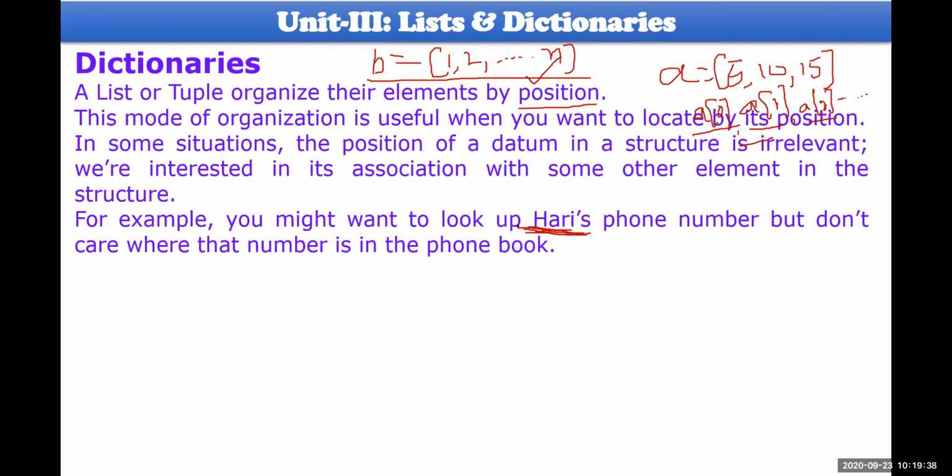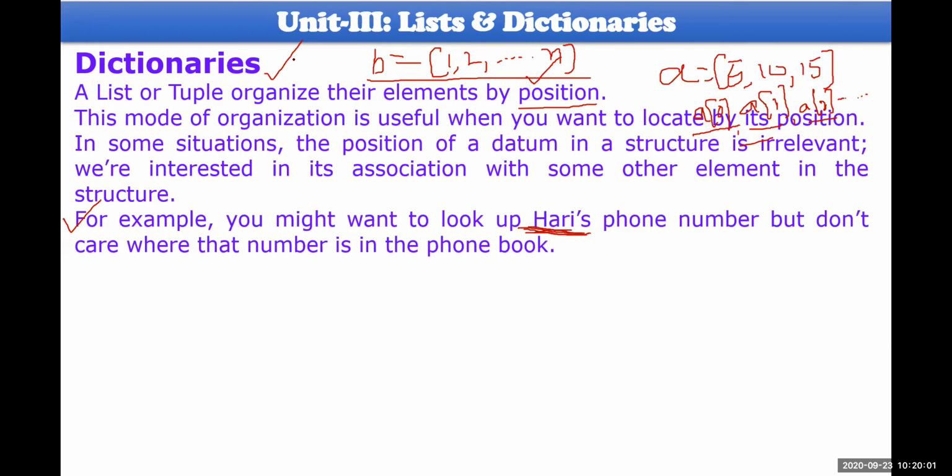So that is why the association could be in different places here. It could not be as per its position where exactly it exists. In such situations, we may require dictionaries.